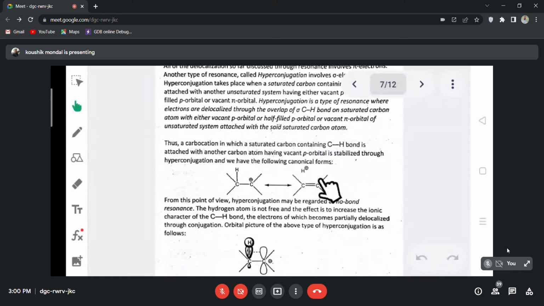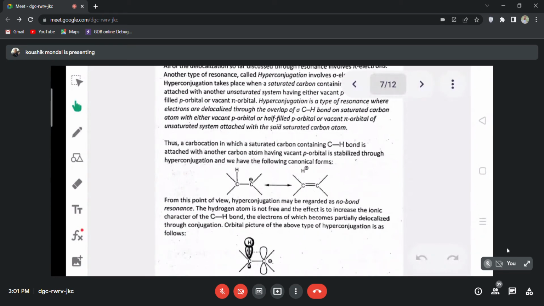Unsaturation means there is either a pi bond or a vacant p orbital or any half filled p orbital, like this double bond or this type of carbocation. So hyperconjugation is a kind of resonance where this sigma CH bond of a saturated carbon overlaps with a p orbital to form a canonical structure and thus stabilizes this carbocation.